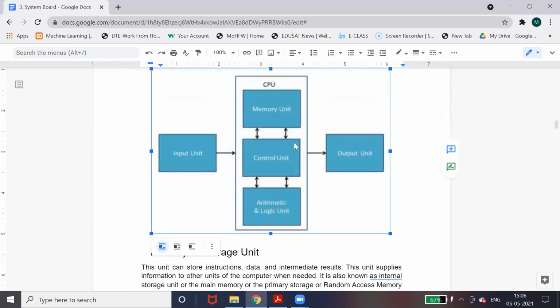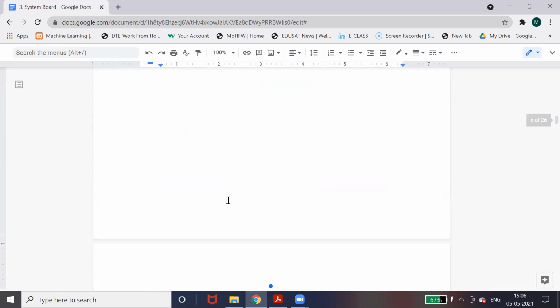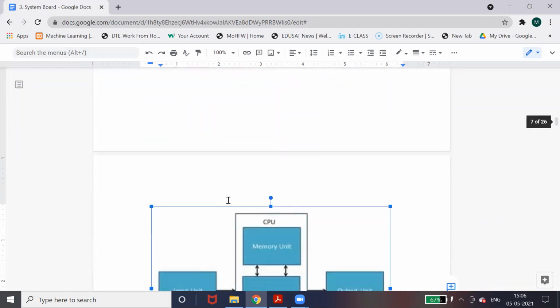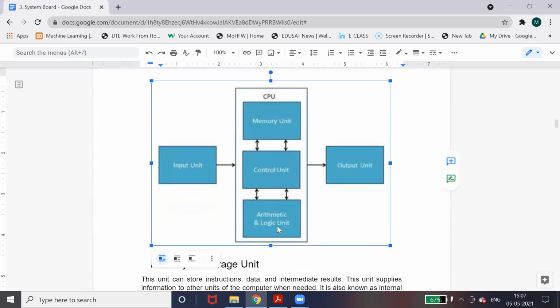Then the output is sent to the output unit. The input unit gives data, which is first loaded into the memory unit, then passed to the control unit, then the arithmetic unit, and then again passed from arithmetic to control to the memory, and then it goes back to the user for printing the data, that is, to the output unit.